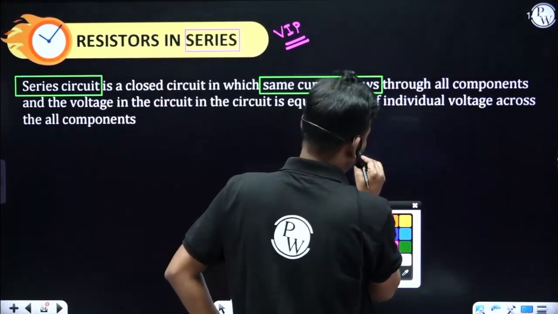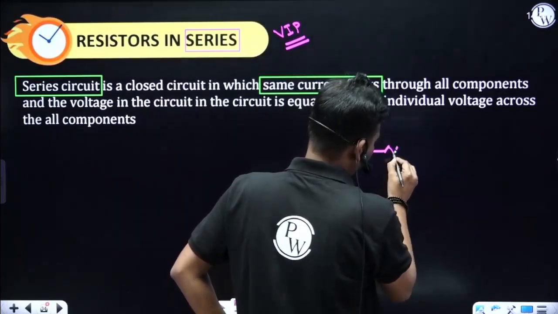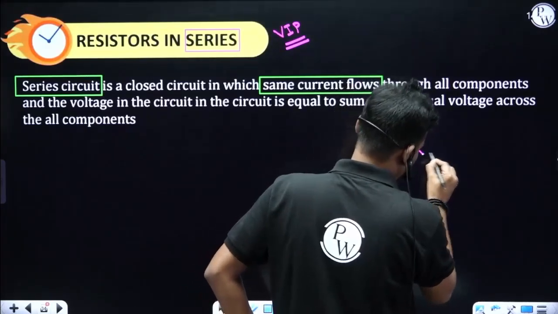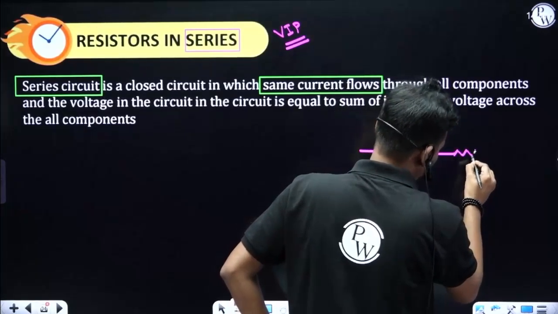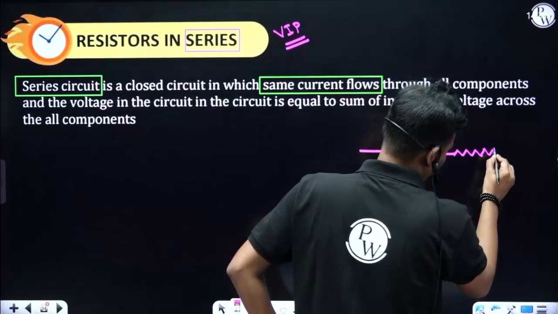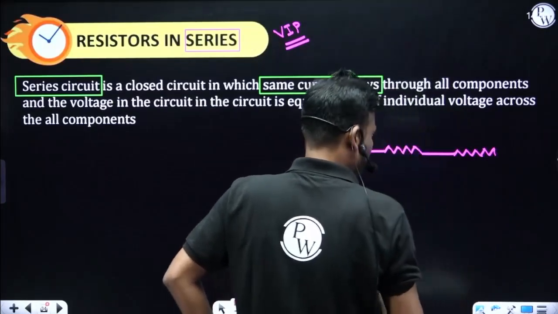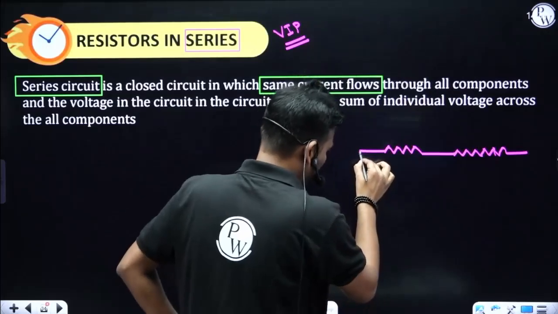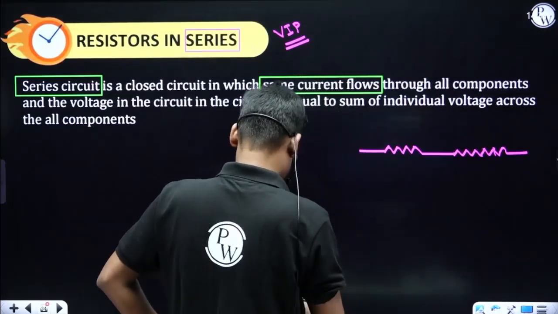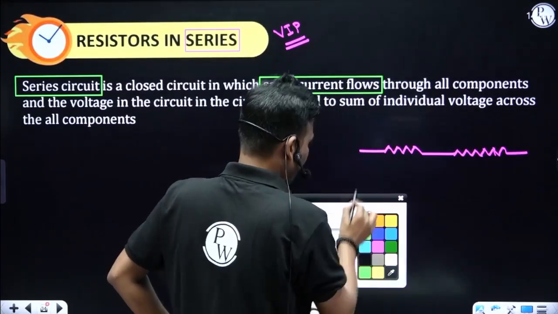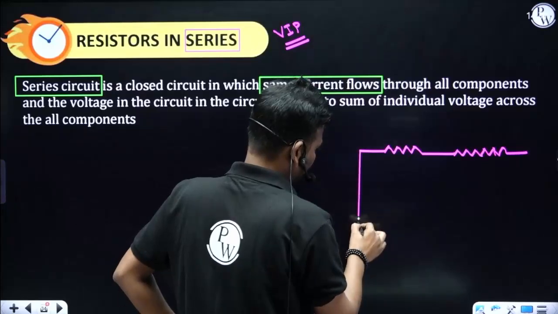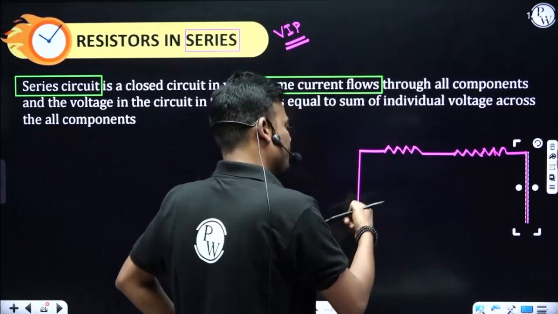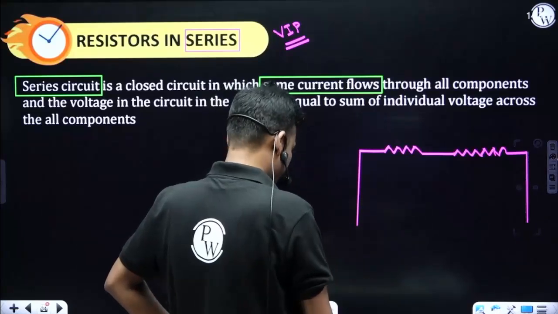As it is a series combination, let me consider two resistors. Yes, these indicate wires. Fine.